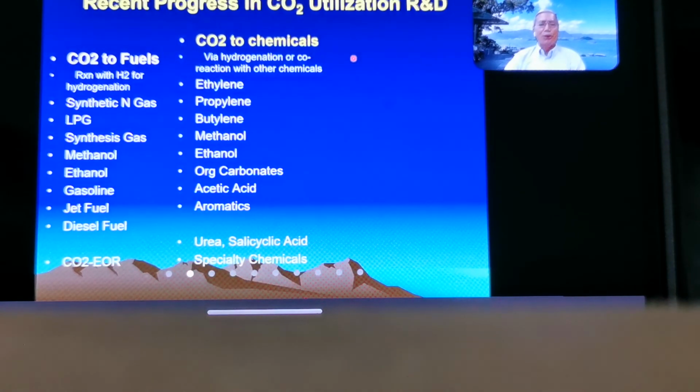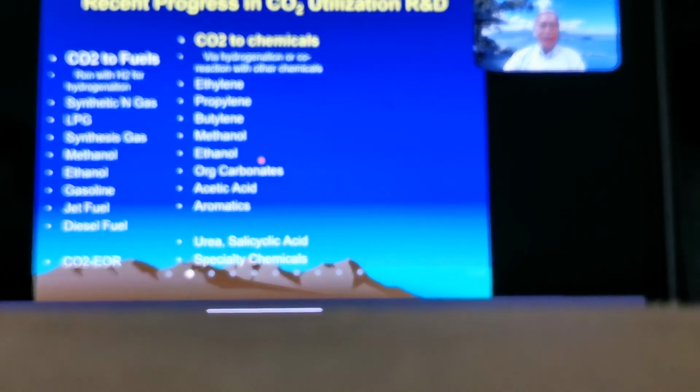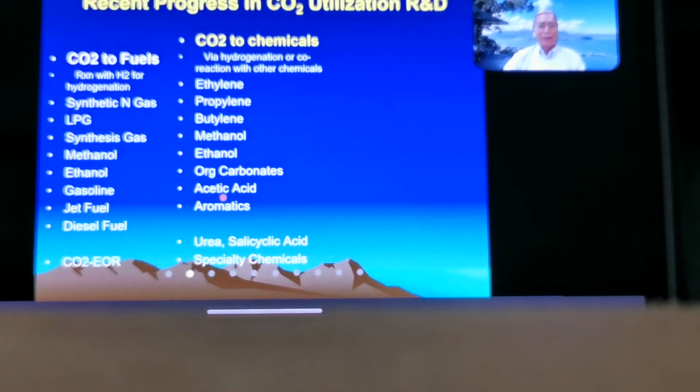For CO2 chemicals, we can make CO2 into ethylene, propylene, butylene. These are among the top industrial organic chemicals, as well as methanol, ethanol, organic carbonate, acetic acid, and also aromatics. Of course, in current industry, we already make urea, salicylic acid, and some specialty chemicals.